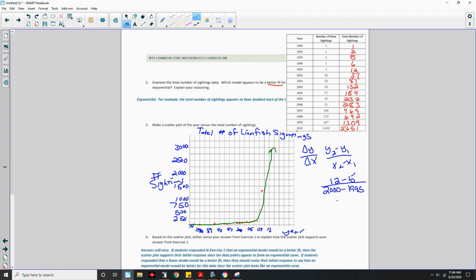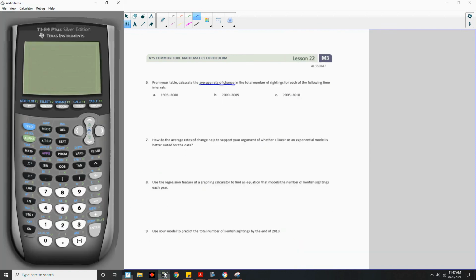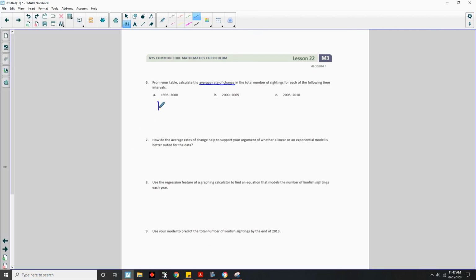So it's 12 minus 5, which is 7, over 2000 minus 1995, which is 5. That's 7 over 5. In decimal form, 7 divided by 5 is 1.4. So the average rate of change between those 5 years is 1.4 fish per year on average.